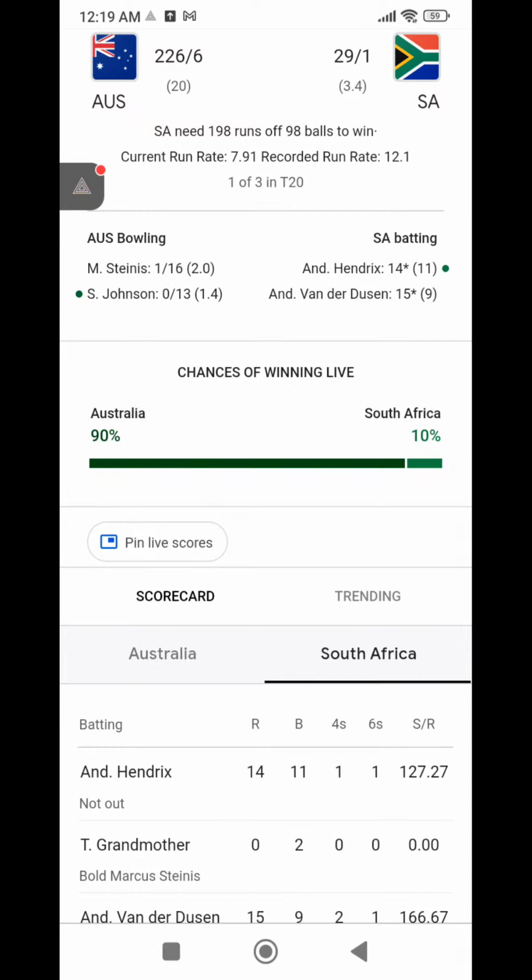South Africa need 198 runs off 98 balls to win. Current run rate is 7.9 and the required run rate is 12.1. This is the first match of the three-match series between Australia and South Africa.